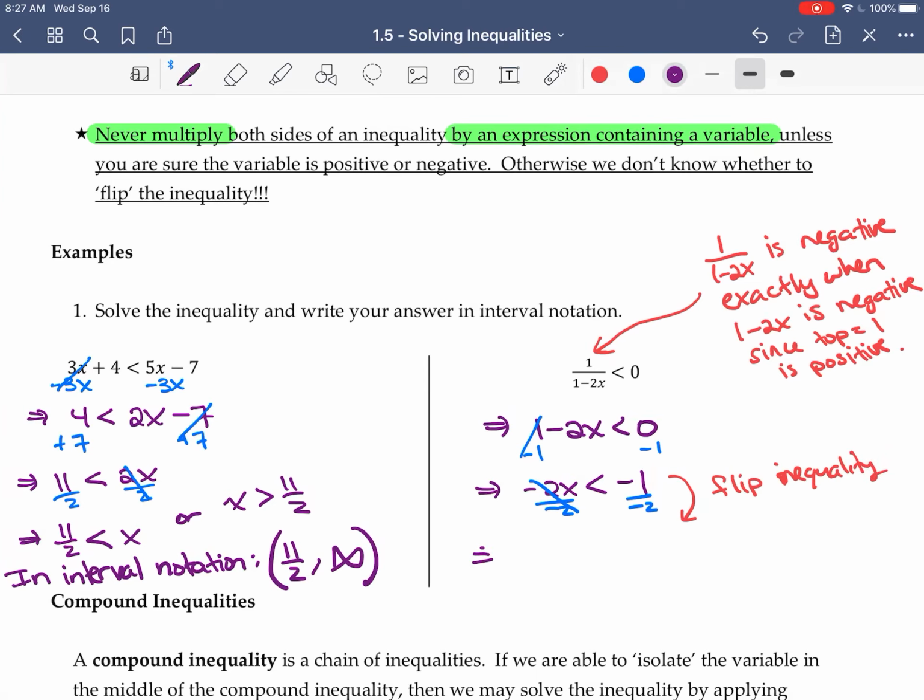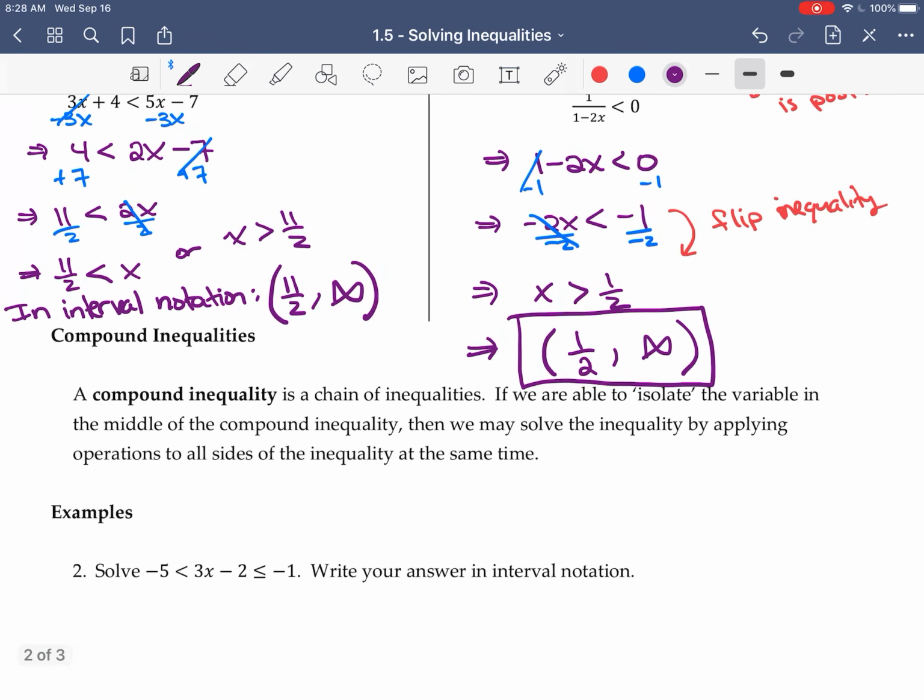So that's going to give me x is bigger than negative 1 divided by negative 2, which is positive 1/2. So again, in interval notation, I'm not including 1/2, but I want all x's that are bigger. So I'm going to go from 1/2 all the way to infinity.